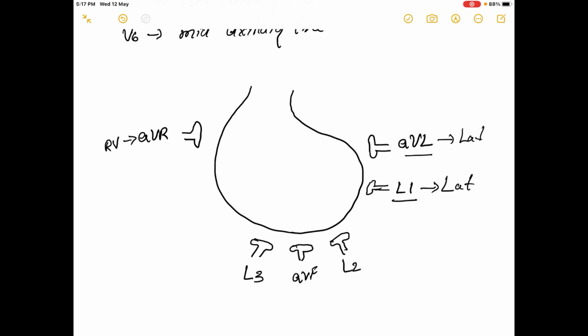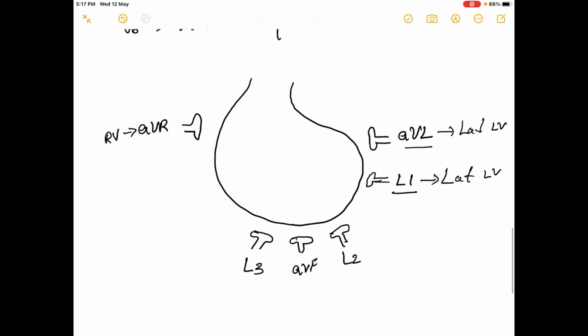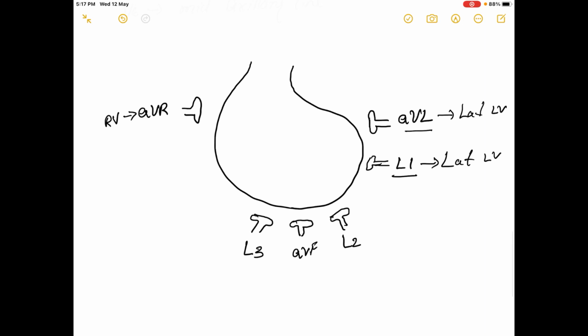The lateral wall is nothing but the left ventricle. AVR measures in the right ventricle, whereas these 3 leads measure the activity in the inferior wall of the heart.